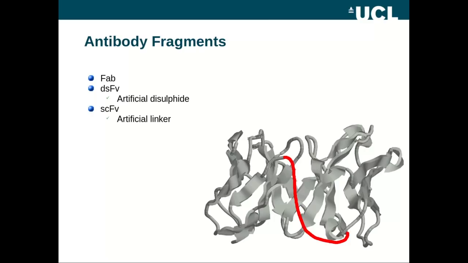In practice, however, it's unusual to use anything smaller than a Fab, and often people do actually just use intact antibodies. And the reason for that is that things like Fabs and smaller proteins tend to get cleared from the bloodstream rather quickly. They just get turned over rather rapidly.